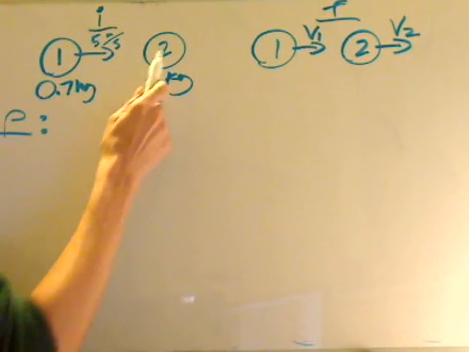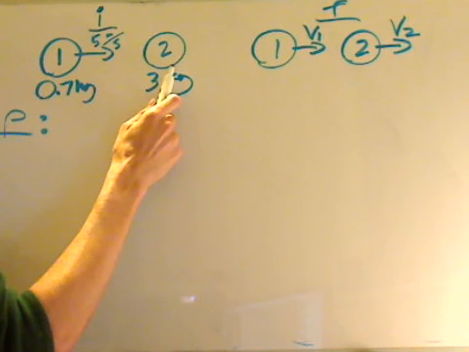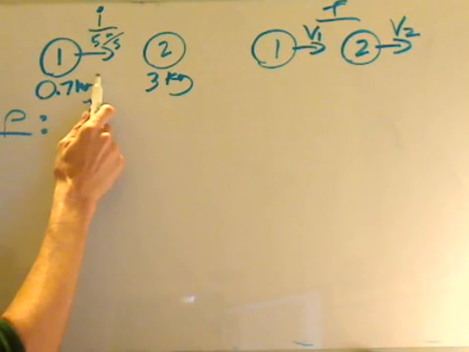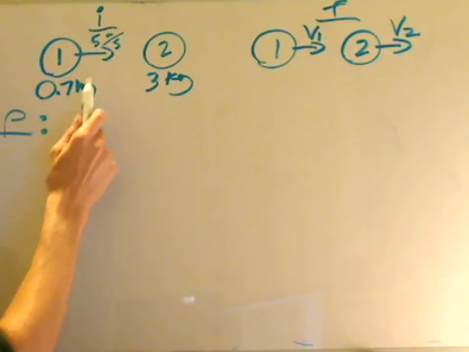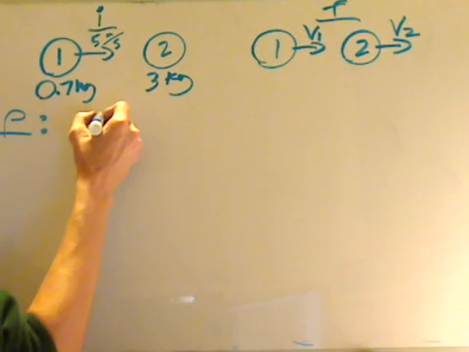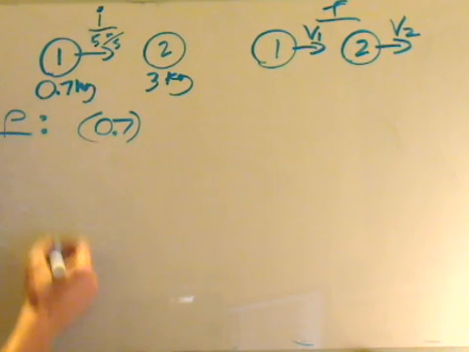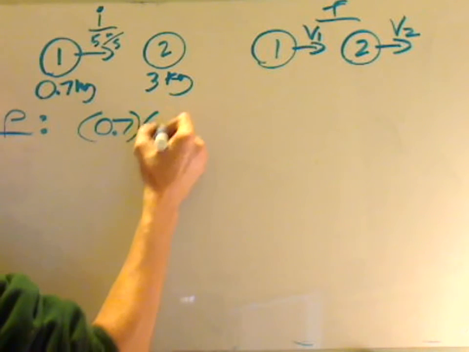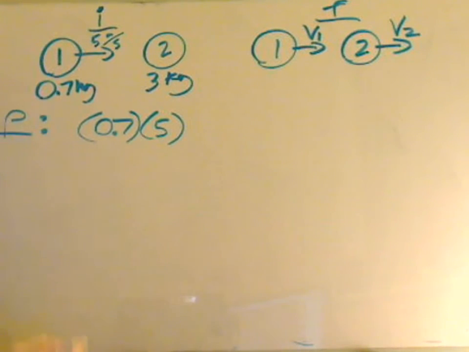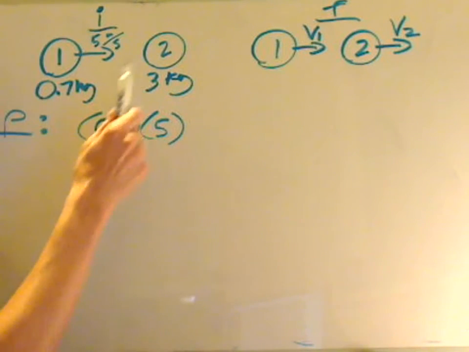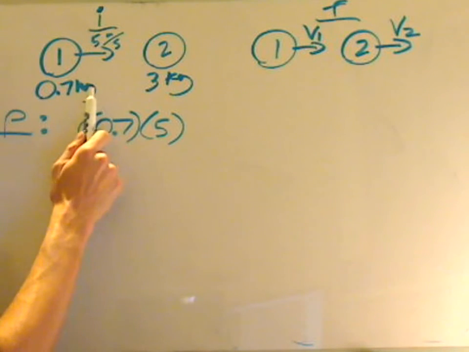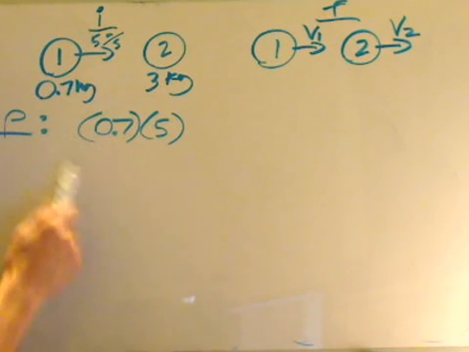Ball 2 has 0 momentum, so our initial momentum is just the momentum of ball 1. Momentum is mass times velocity. So the mass is 0.7 kilograms, velocity is 5 meters per second. I'm just going to drop the units here because it's cumbersome, as long as we know they're in kilograms and meters per second, we're fine.